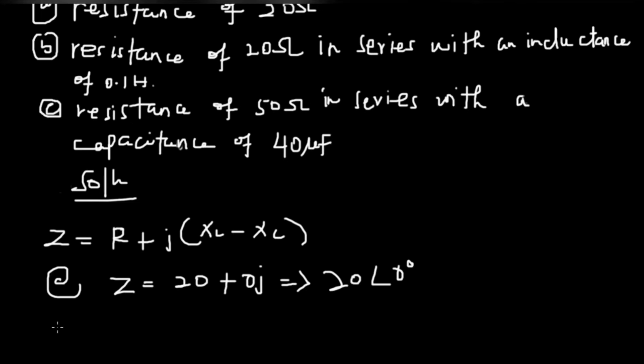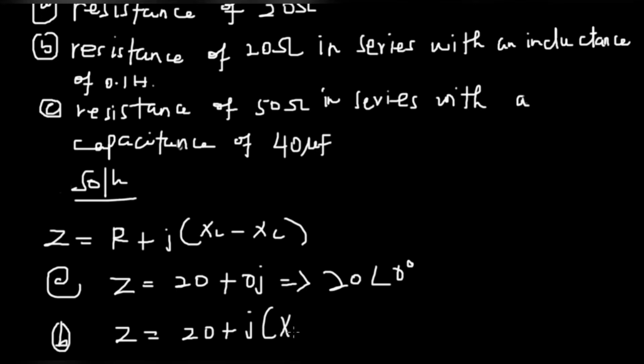Now let's look at question B. We've been given a resistance of 20 and an inductance of 0.1. So Z is the resistance of 20 plus J times the reactance from the inductance of 0.1.